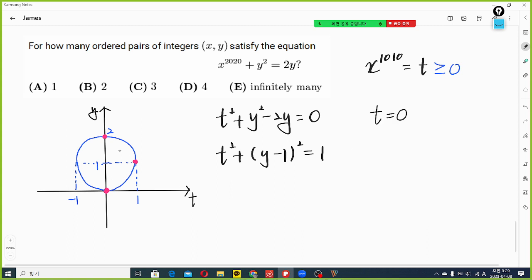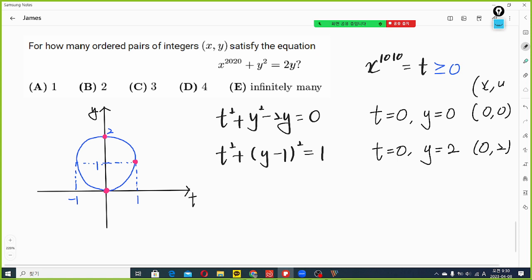When t is 0, y is 0 or 2, and x is also 0. So the first pair is 0 and 0, and the second pair is 0 and 2 in terms of x and y.